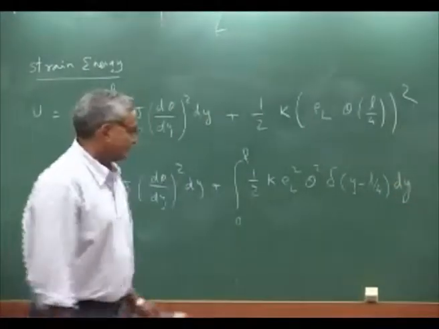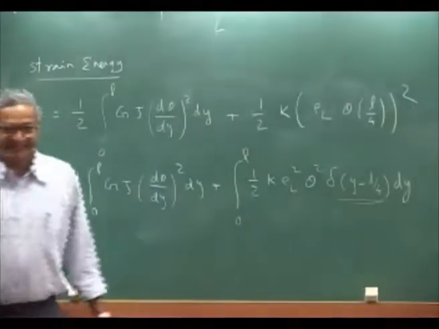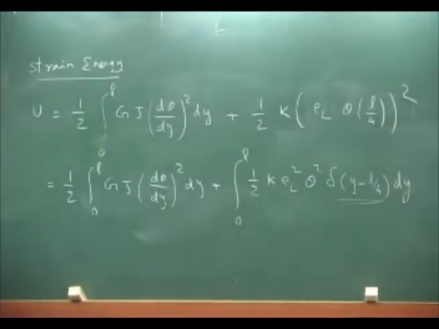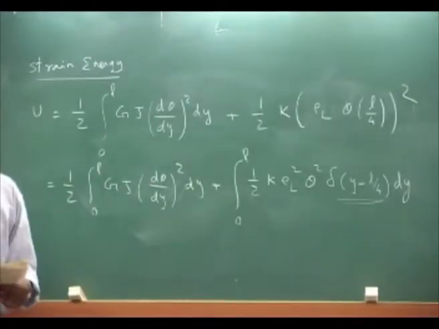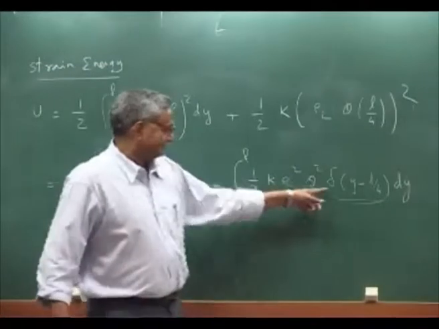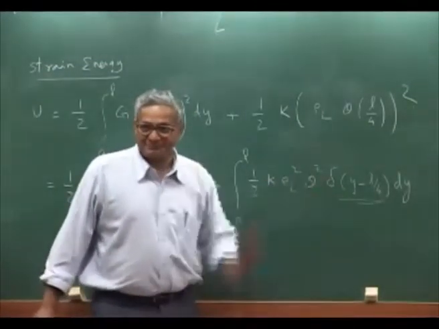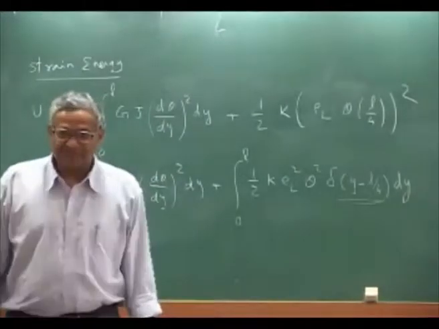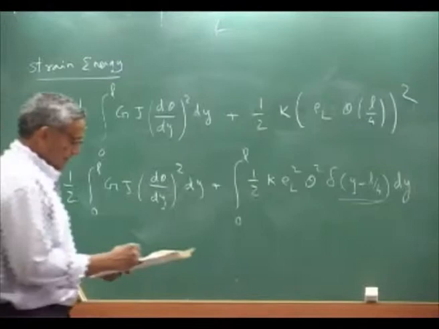I am using a delta function. That means this is 1 when y is L by 4, otherwise it is 0 everywhere. So this is an easy way of representation.